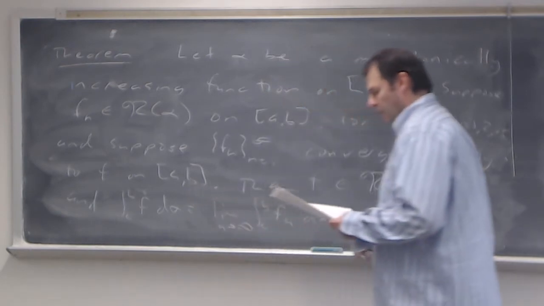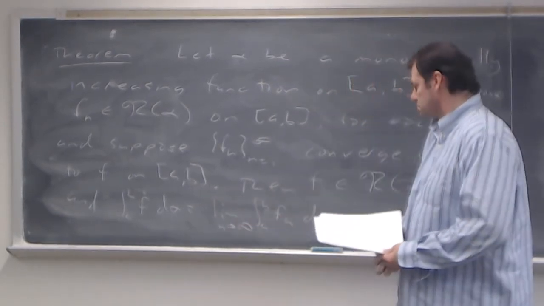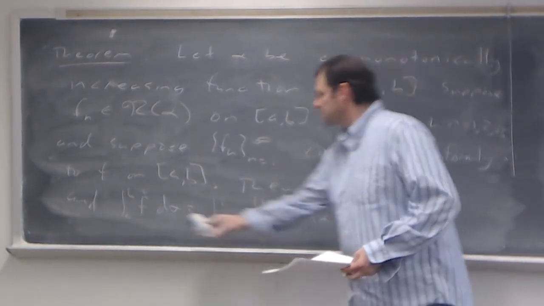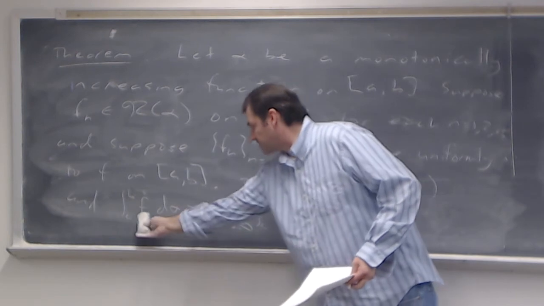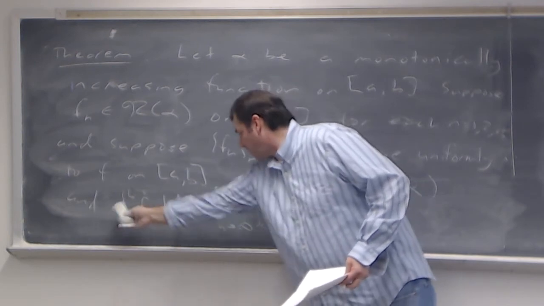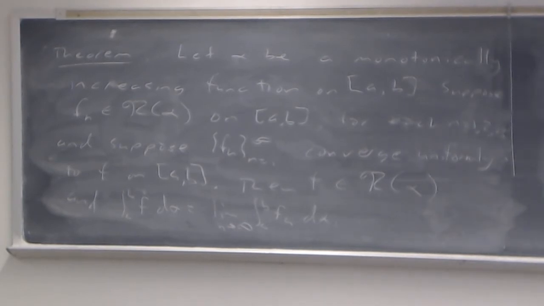And so we're pulling that limit outside the integral. See, f is the limit as n goes to infinity of f sub n. That's what f is. It's got the limit there, and we're pulling it outside the integral. We're being able to do that.